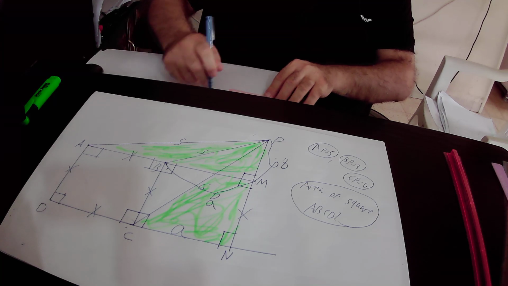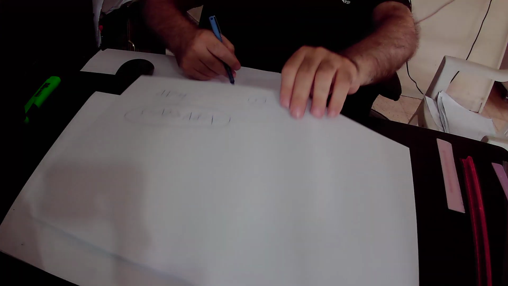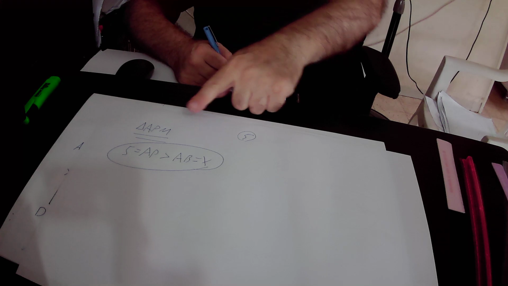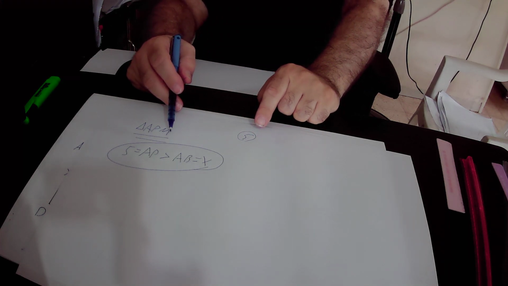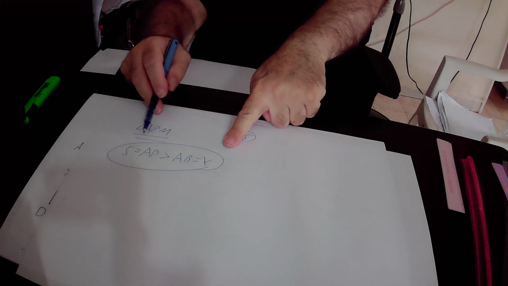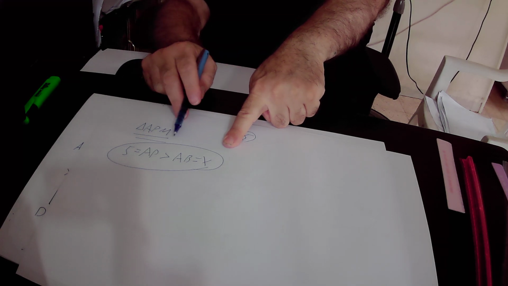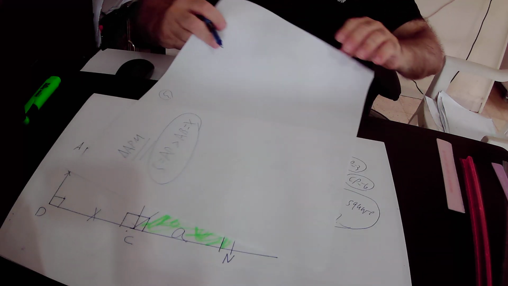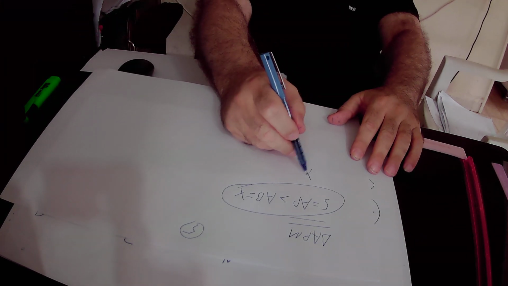Repeat again. In the right triangle APM, the hypotenuse AP equals 5 units, and it is bigger than AB, that is equal to x. So from this inequality, we derive that x is less than 5 units.